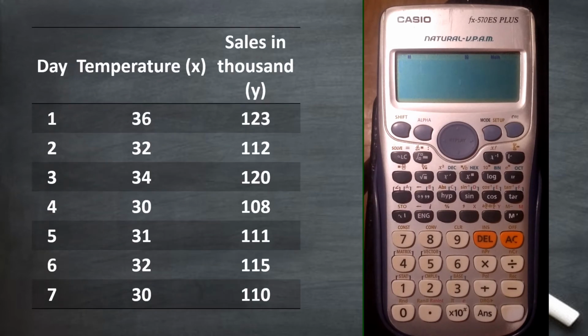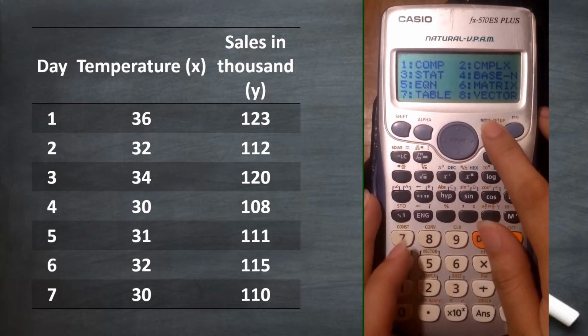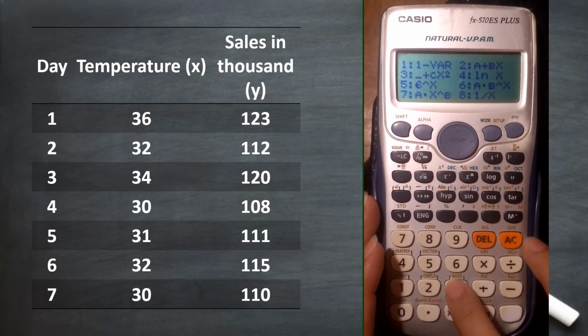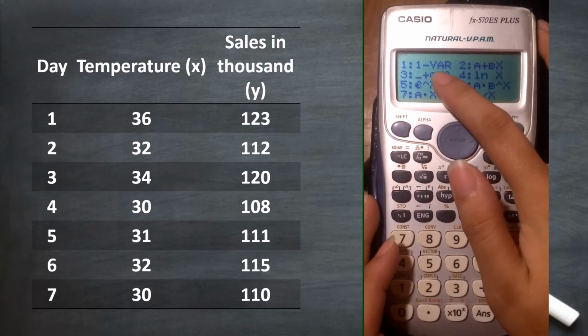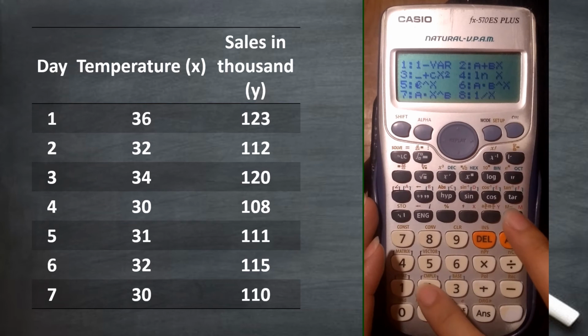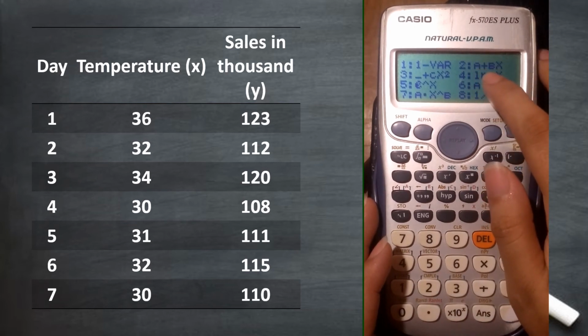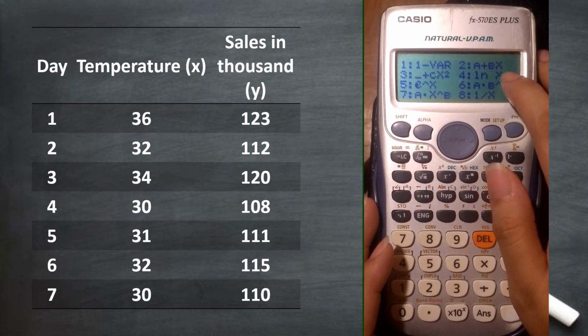The shortcut method for this lesson is somehow the same as the shortcut method we did for the previous lesson. To input the values, we have to press mode and then stat, and then instead of pressing 1-var, we have to press the linear equation, the one with a plus bx.